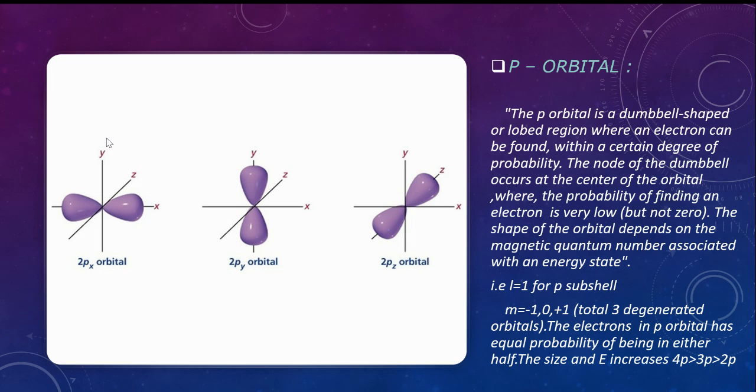Then the p orbital is dumbbell shaped. It has two lobes, and there is a nodal plane where the probability of finding the electron is equal in these two lobes. In any lobe, we can find the electron. Based on their orientation, that is the m value, the magnetic quantum number, which is -1, 0, +1, a total of 3, the p orbital is divided into three degenerate orbitals oriented in different directions.